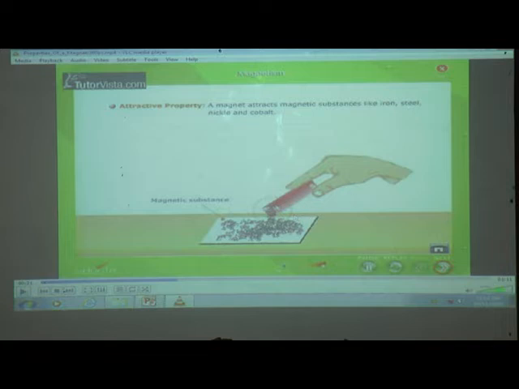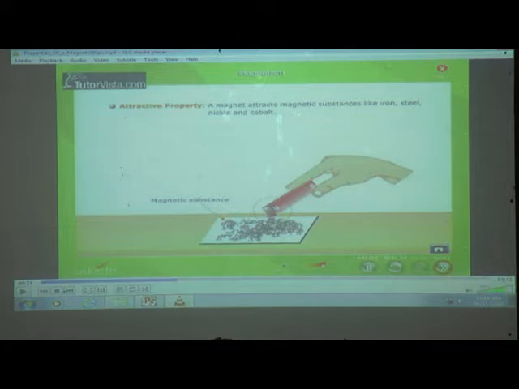So here you can see some mixture of magnetic substances and non-magnetic substances kept here, and you can see this man is going to take this north pole towards these magnetic and non-magnetic substances. So what you will see, whatever magnetic substances are there, these are going to be attracted towards the magnet.